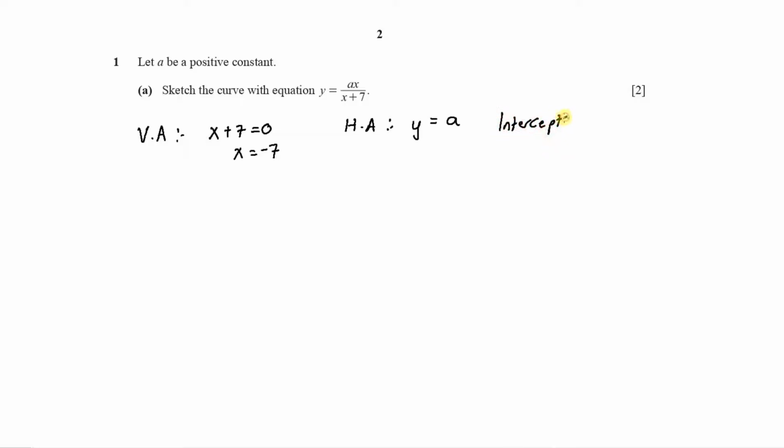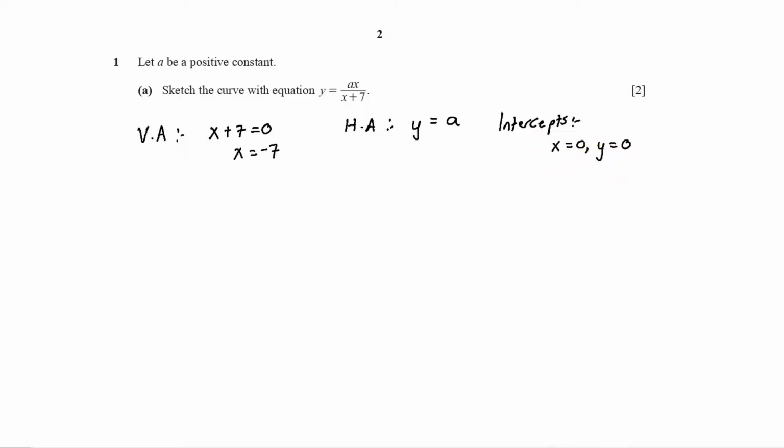For the intercept, we ask what is y when x is equal to 0. If you substitute 0 into this equation, y also comes out as 0. So now we have the vertical asymptote, the horizontal asymptote, and the intercept, which is the point (0, 0).